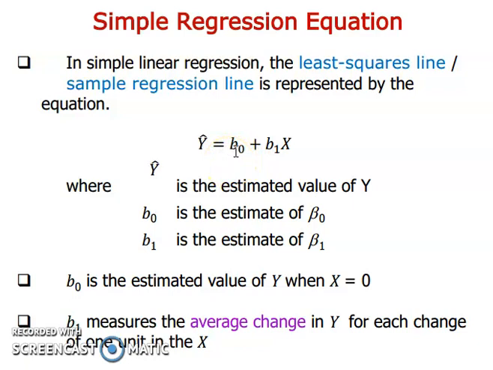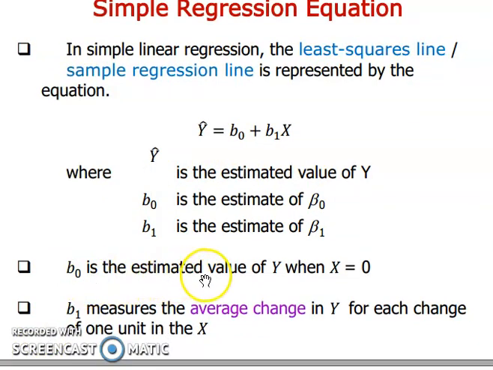So b naught and b1 are estimators of beta naught and beta 1. b naught is the estimate of beta naught, and b1 is the estimate of beta 1. And this y hat is called the predicted y, or the estimated y.